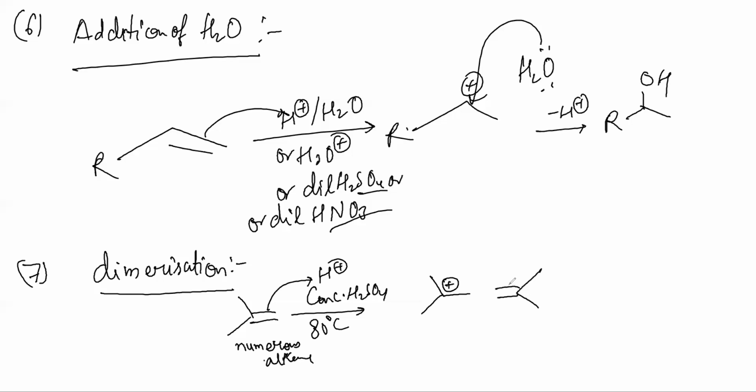Now let's understand what will happen. This is the carbocation. This double bond has electron density, and the carbocation has a loss of electron. So this bond will break. Don't draw it in this manner; this bond will break like this.